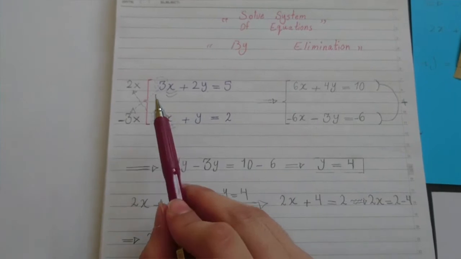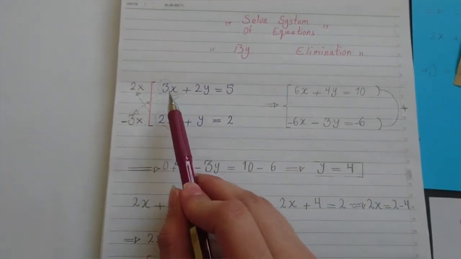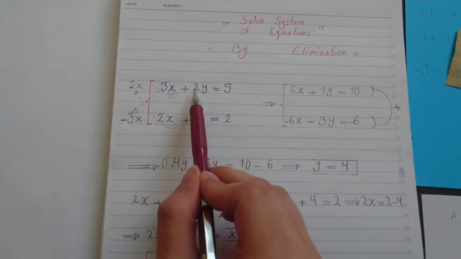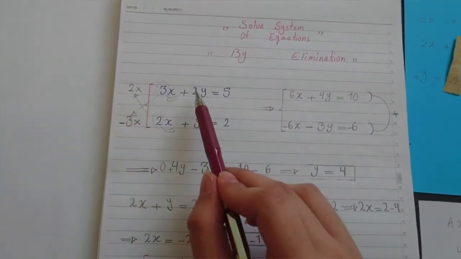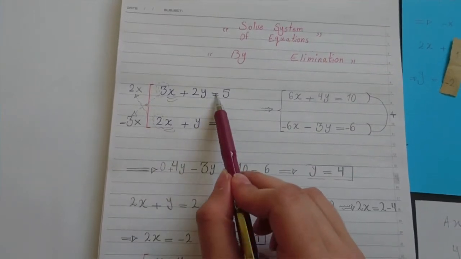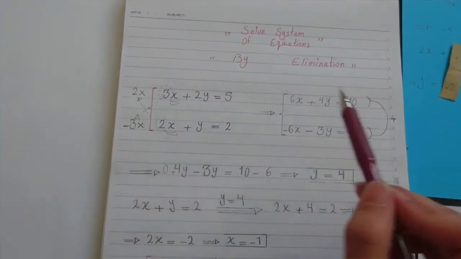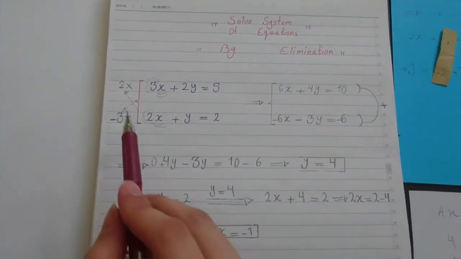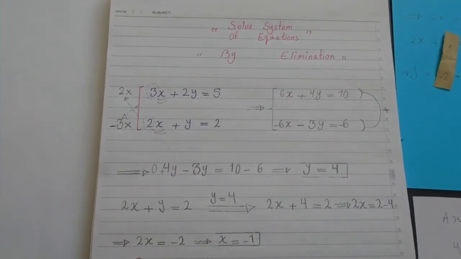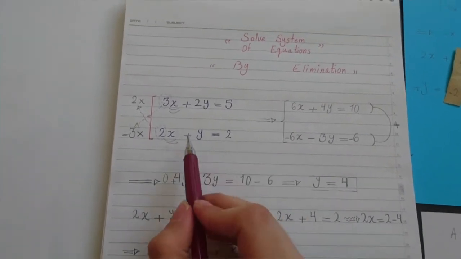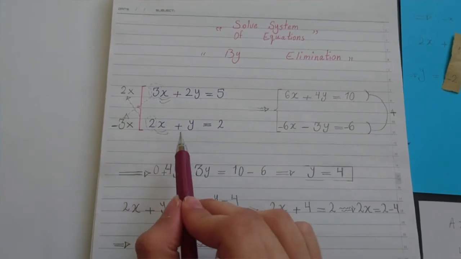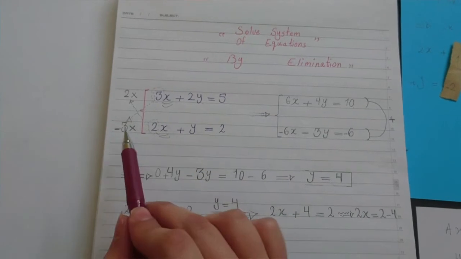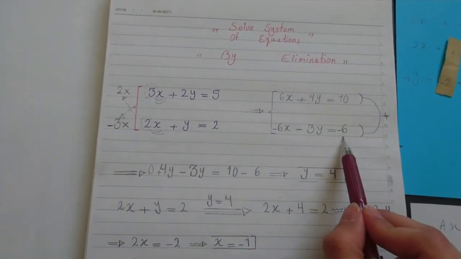So we have 2 times 3x, which is 6x, plus 2 times 2y, which is 4y, equals 5 times 2, which is 10. And for this equation, we have negative 3 times 2x, which is negative 6x, plus negative 3 times y, which is negative 3y, equals 2 times negative 3, which is negative 6.